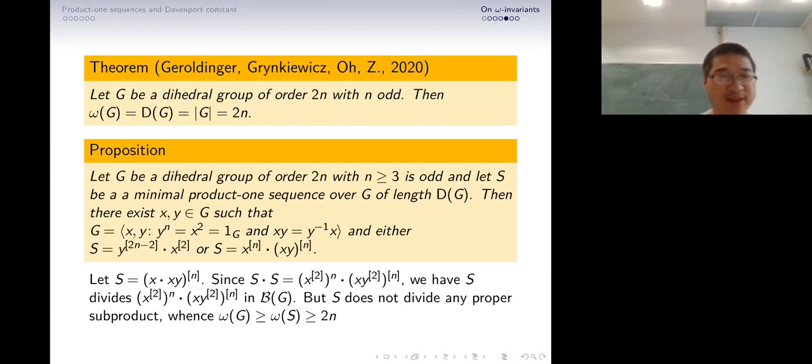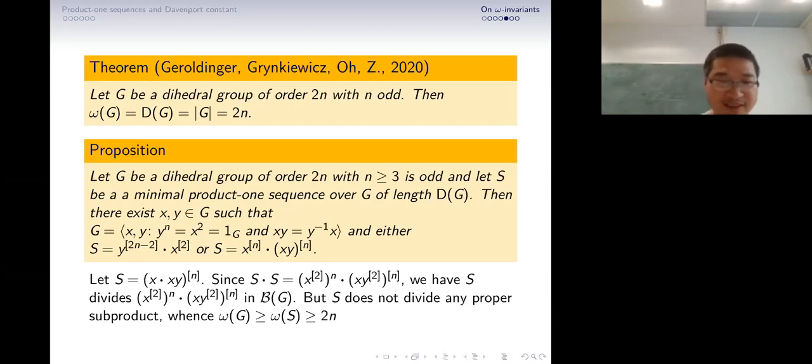Now we choose such a sequence S, which means x and xy appear n times. Since the sequence S times S can be refactorized as the term x to the power 2 appearing n times, and xy to the power 2 appearing n times, so this is a product of 2n product one sequences.